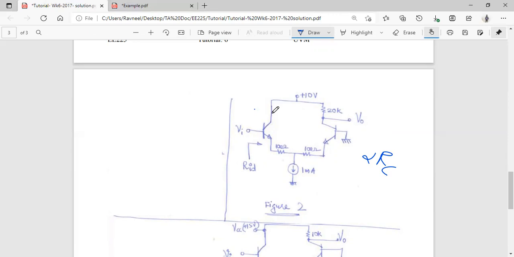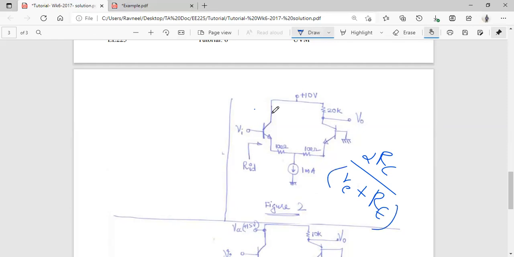So it will be alpha times RC upon the total emitter resistance, due to the thermal resistance and the emitter resistance. That would be small re plus capital RE, right? This will be for one transistor.